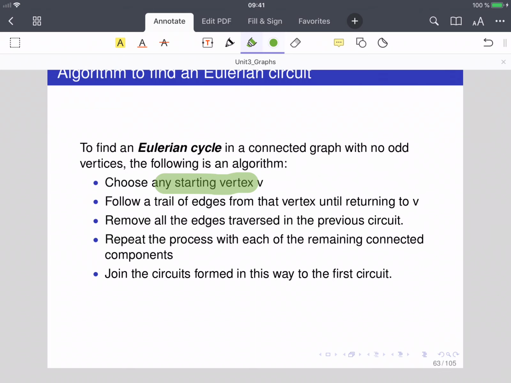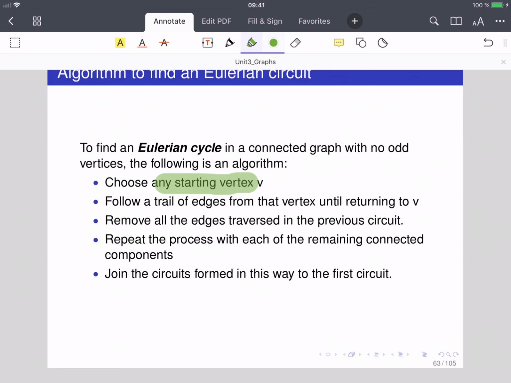Then you start from that vertex and you go out of that vertex with an edge, and from the new vertex you choose another edge, and from the new vertex you choose another edge until you return to the vertex that you started with. And this is always going to happen.